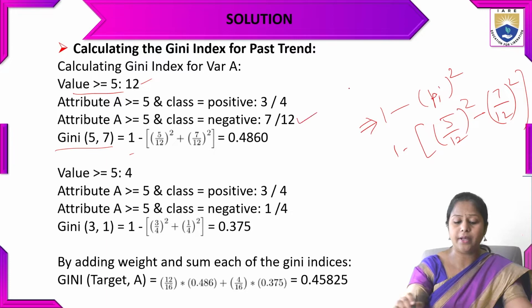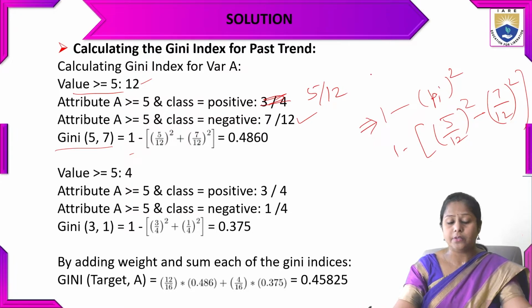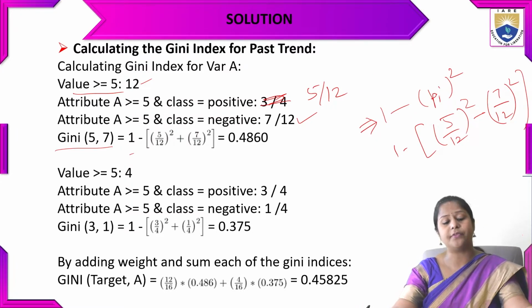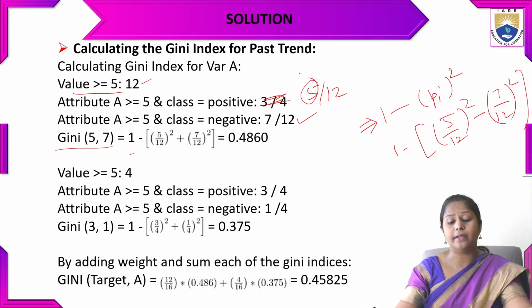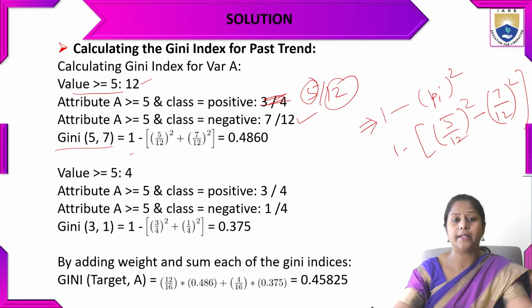So that will be 5 by 12. The first instance was for the positive class, which has occurred 5 times, and the total is 12, and for negative 7 by 12.